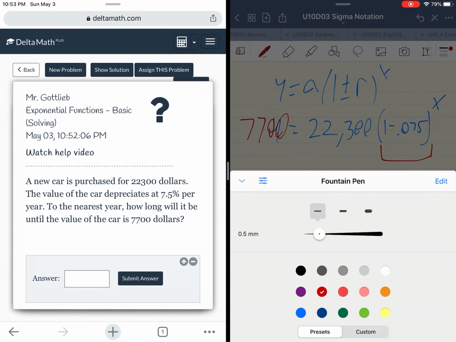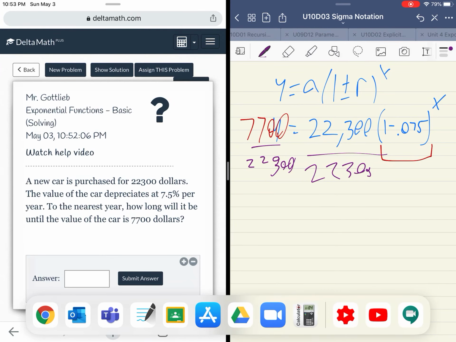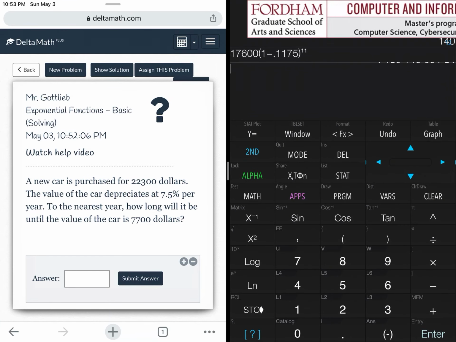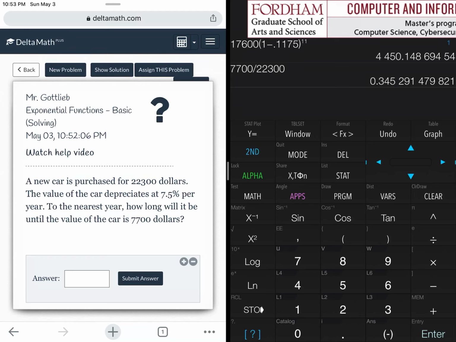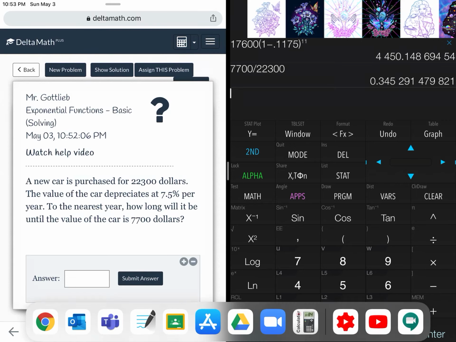So what we have to do is isolate the expression with the exponent. So we're going to divide both sides by 22,300. And I'm going to use a calculator. So 7,700 divided by 22,300. I'm going to get 0.345291.